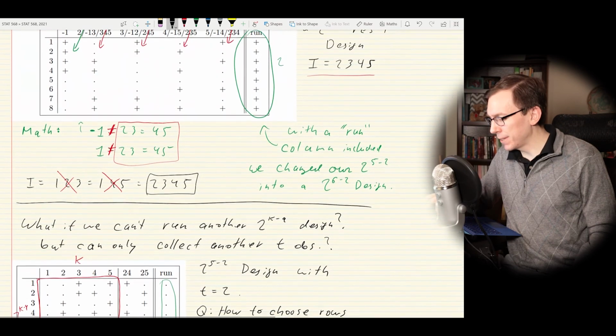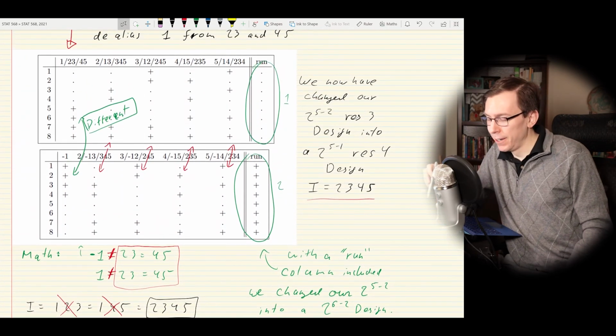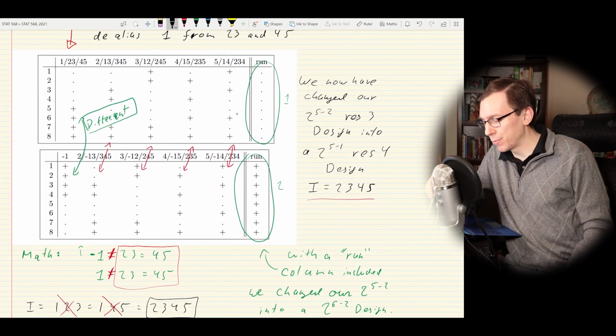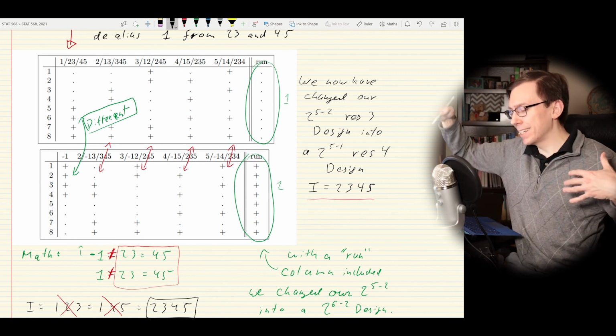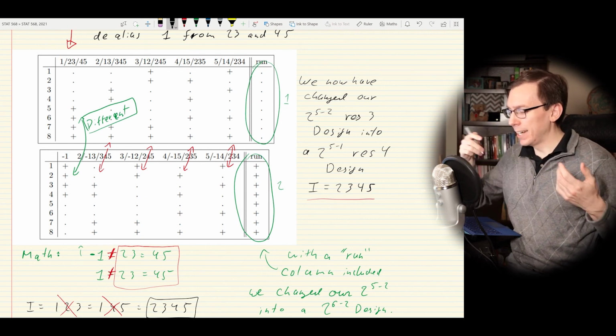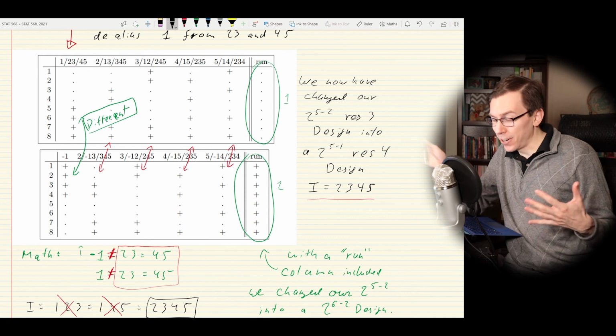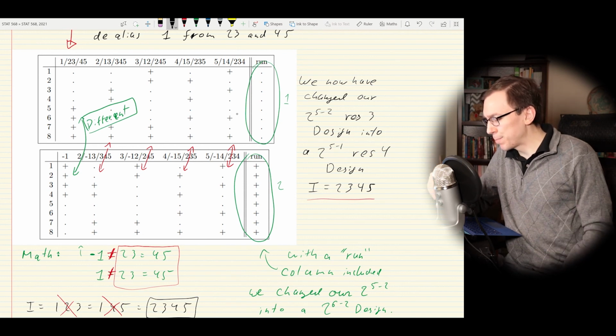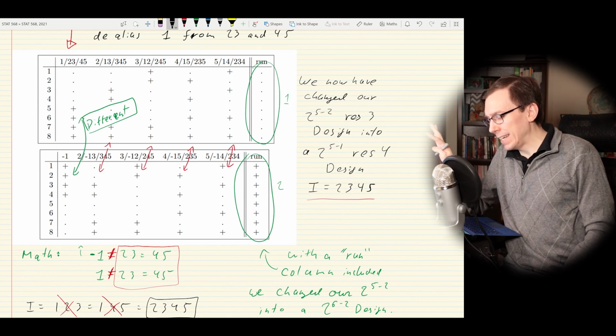In the case that I completely replicated the experiment up here, we actually have balanced columns if we think of this as one giant 16-row design matrix. In this case, they are balanced. Even the runs column is balanced, which is nice. So we don't have to worry about any issues with respect to that.